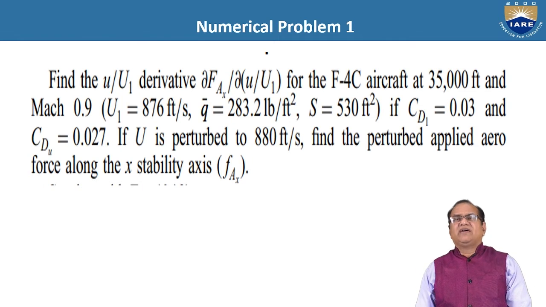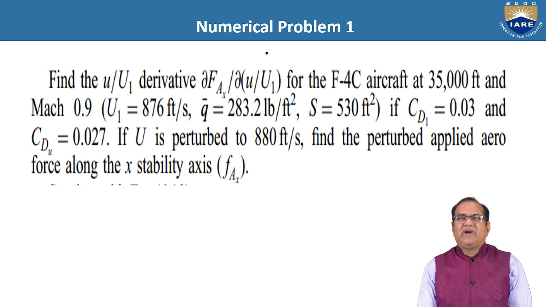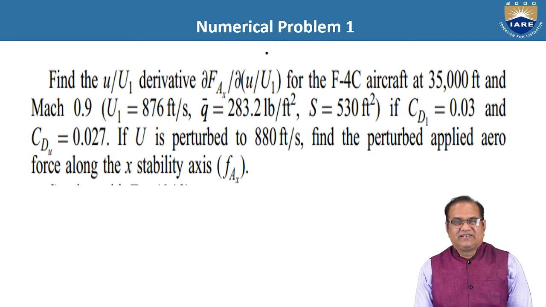The first problem, I am just coming to that. Find the u by u1 derivative of dou FAX by dou u by u1 for the F4C aircraft at 35,000 feet and Mach number of 0.9.